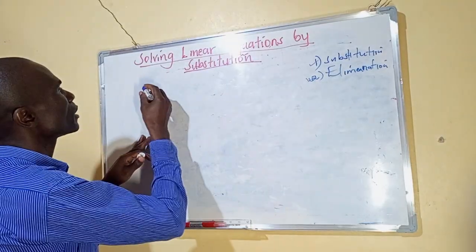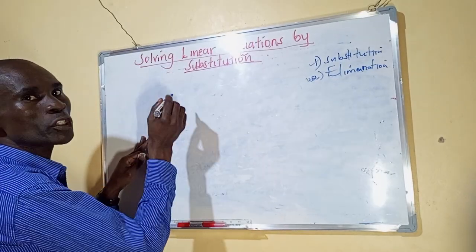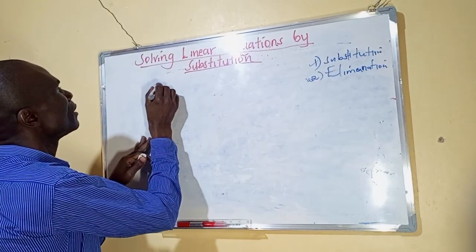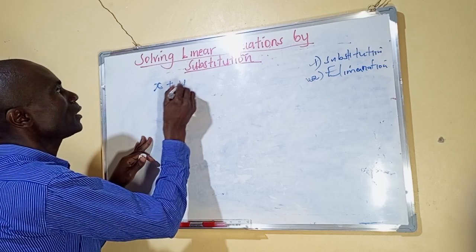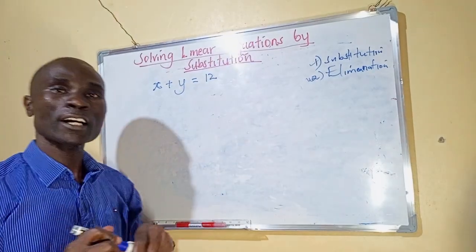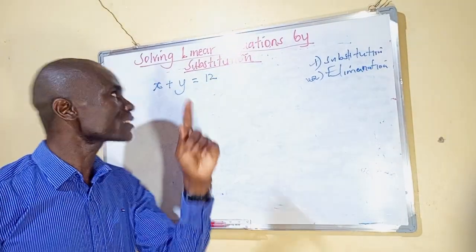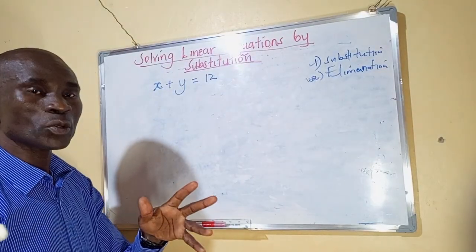Let's have this one here. We have unknowns in an equation like this. Let's say we have x added to y gives us, let's say, 12. These are what we call simultaneous equations.